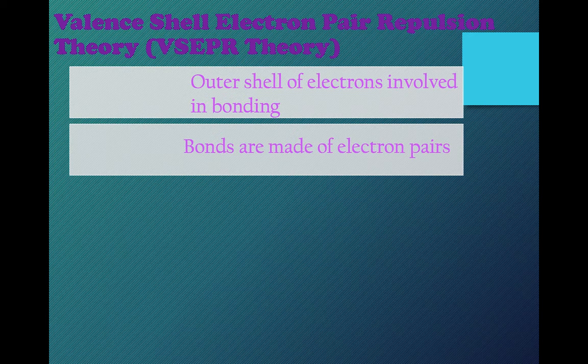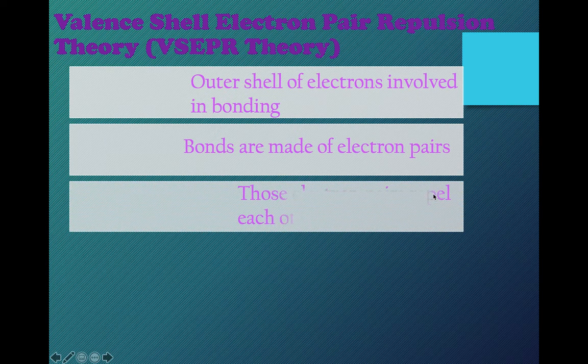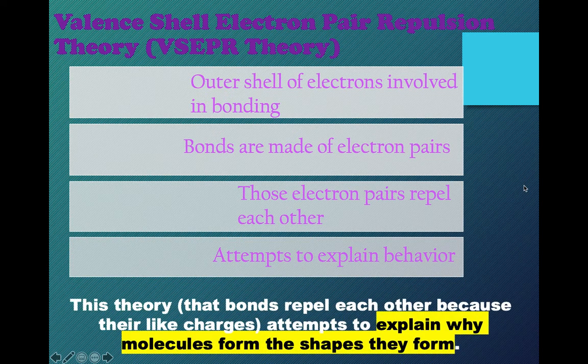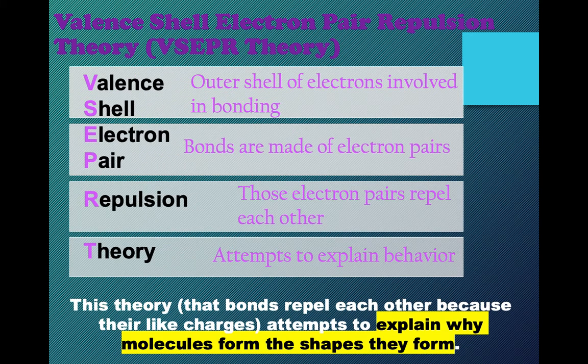It's that the outer shell electrons, the valence electrons, bonds are made of electrons. The electrons repel each other, and this attempts to explain their behavior. This is kind of how we came up with what these molecules look like.